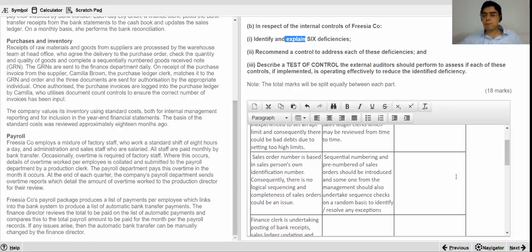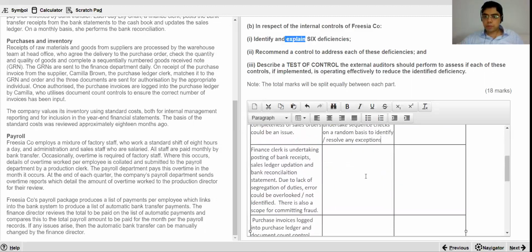So that's another simple control: sequential pre-numbering of the sales orders.